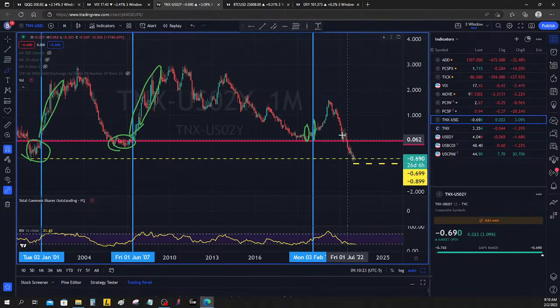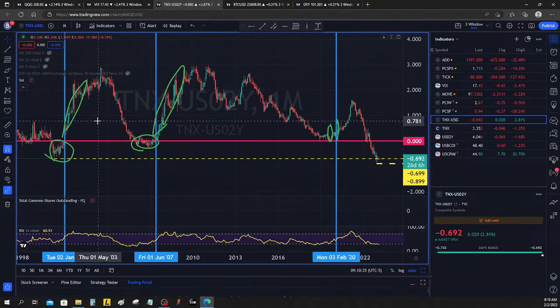So this inverted bond yield, this is the 10-2, is a signal for recession. Now, even though the 10-2 is inverted, the market can be bullish if you go back and look at the 2001 crash, the dot-com bubble crash, and then the housing bubble crash.